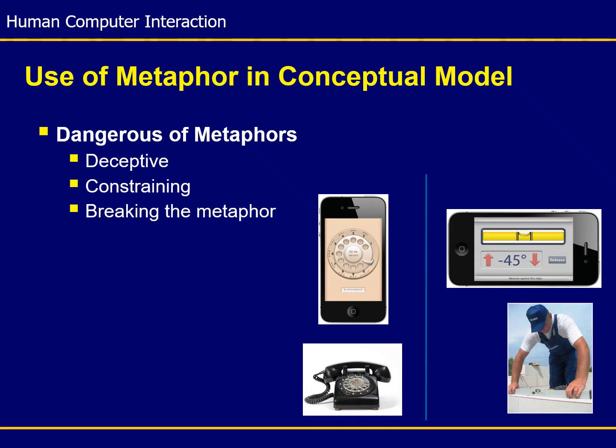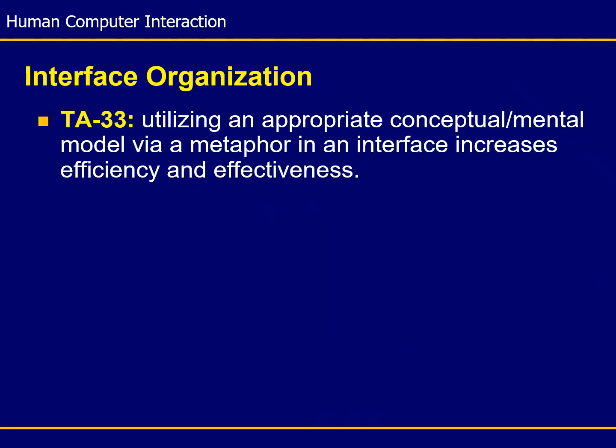So when you take a physical phenomenon or a physical device in the real world and put it in software, make sure that you are activating the right conceptual model, and that your interaction is still efficient, unlike the cell phone example, and effective, unlike the ruler example here. So the takeaway: utilizing an appropriate conceptual or mental model via a metaphor in an interface increases efficiency and effectiveness. But it has to be, as I mentioned, an appropriate one.